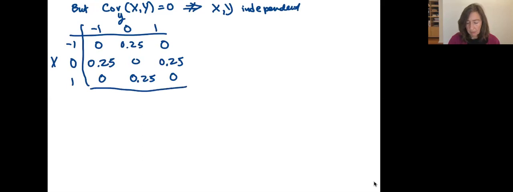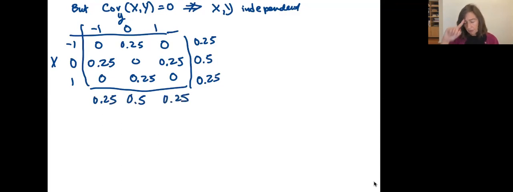While we're at it, why don't we put the marginals? The probability that x is -1 is 0.25. The probability that x is 0 is 0.5. The probability that x is 1 is 0.25. Same deal for y. It's symmetric between the two variables here: 0.25, 0.5, 0.25.